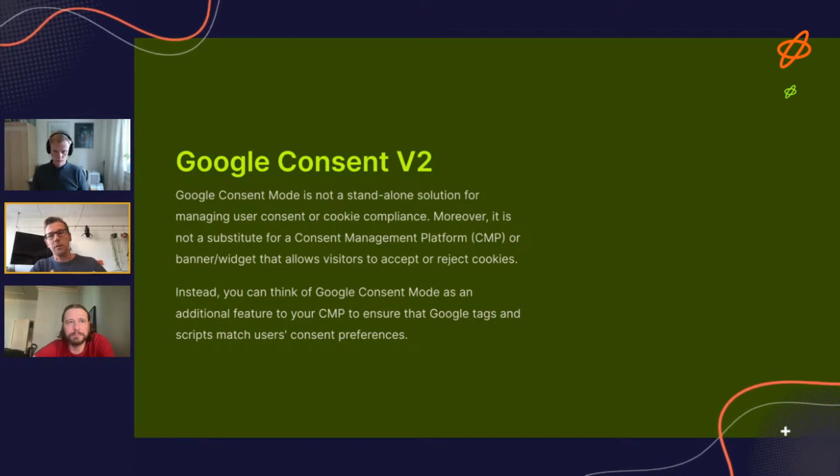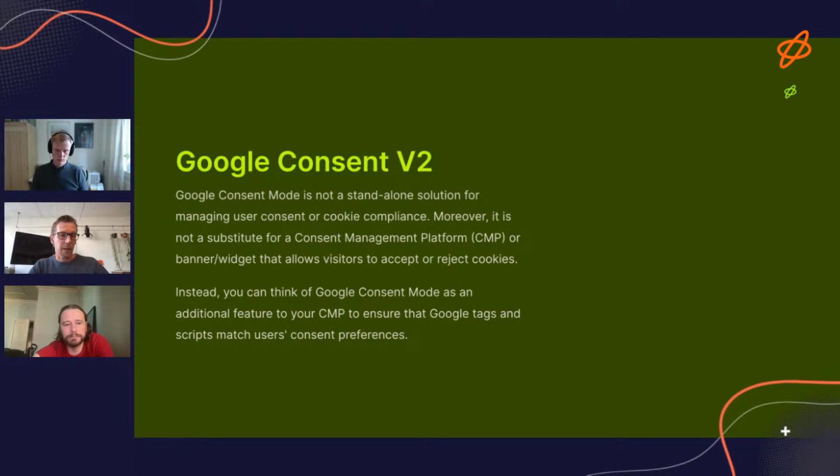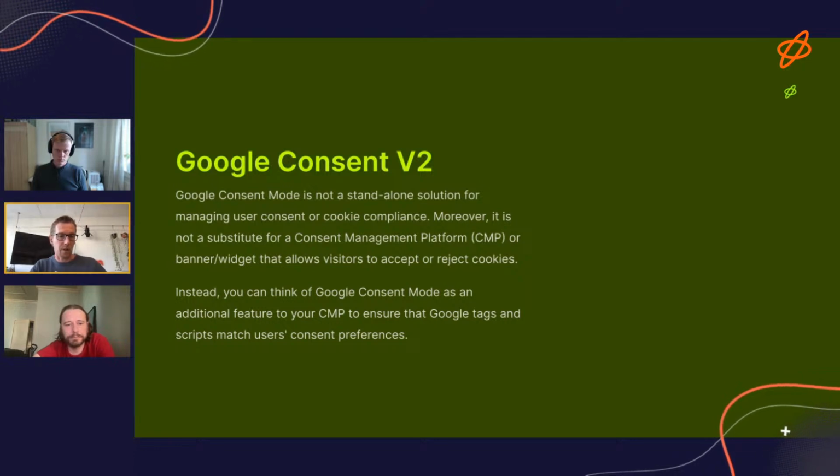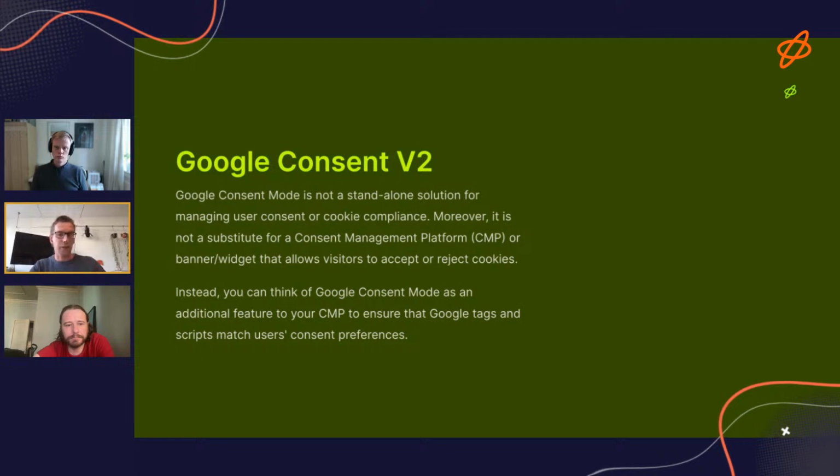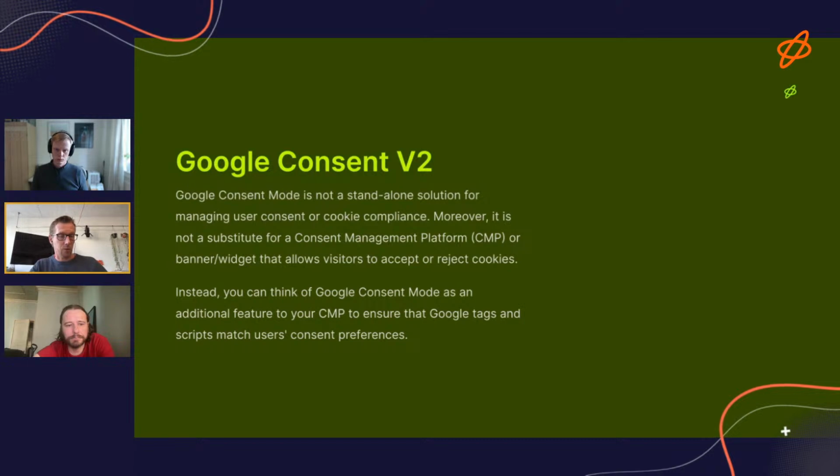But the way those tags are activated or deactivated relies on how your cookie banner works. So on the one hand, you need a good cookie banner that can get consent of people and then transfer that to your Google Tag Manager.